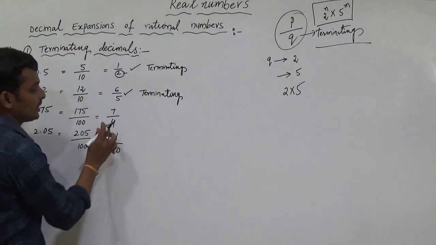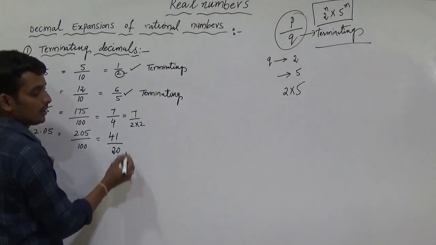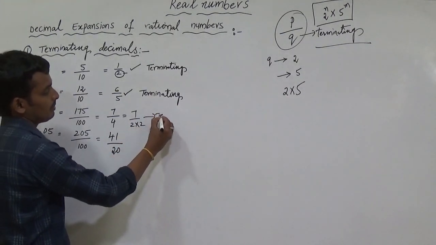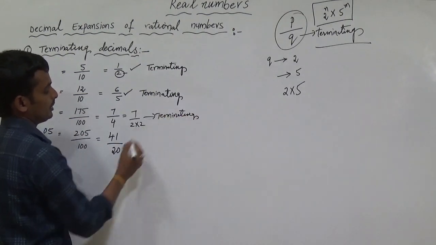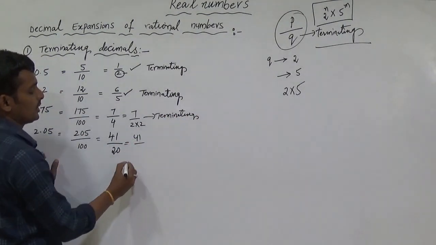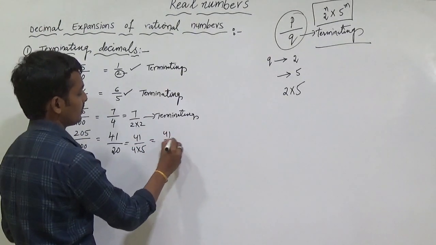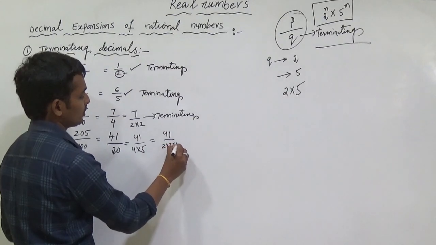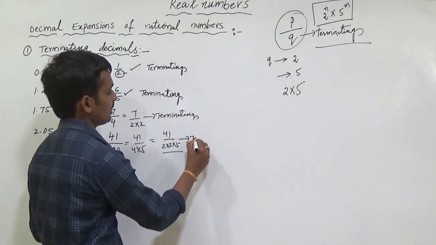Here, 4 we write as 2 into 2, that means 2 square, also terminating. Here 41 by 20, we write 20 as 4 into 5, that means 41 by 2 into 2 into 5. This is the combination of 2's and 5's, also terminating.